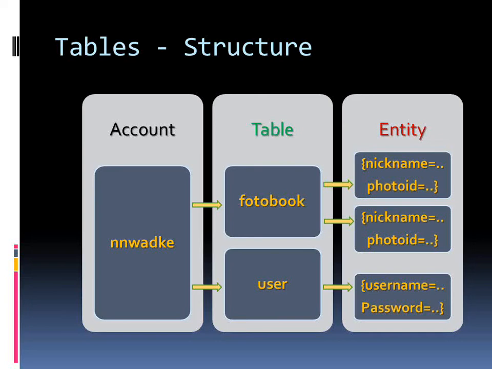Here, a table will not have rows or columns that we normally see. An Azure table is composed of entities, and each entity is further composed of key value pairs, and that is why I call it a schema that is not fixed. Every entity can have a different set of key value pairs.